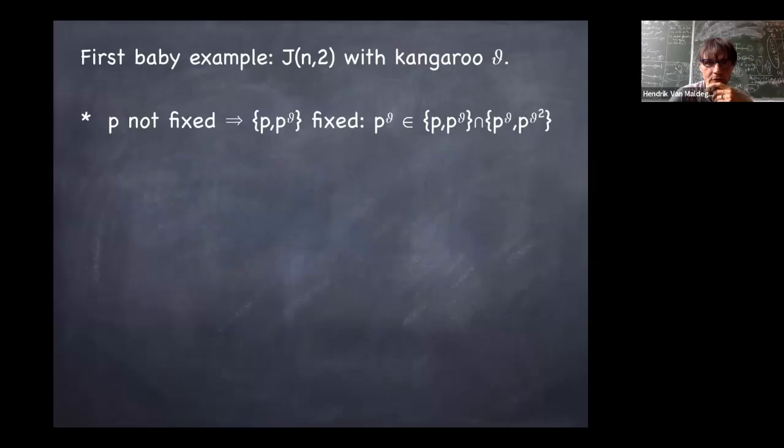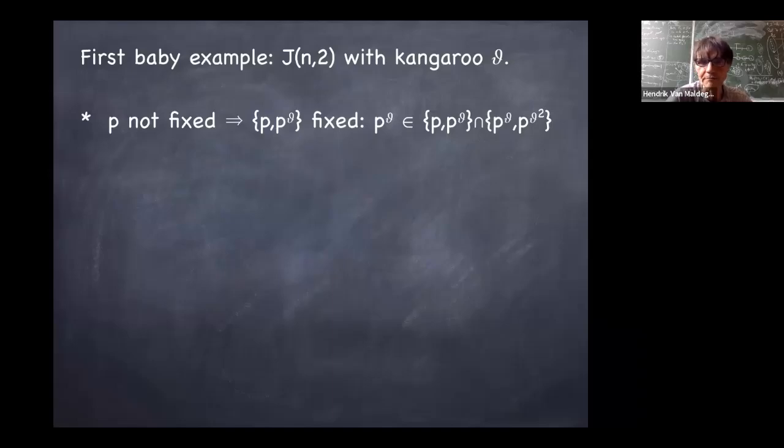So we go back to our Johnson graph, and we assume that theta is a kangaroo. So what does it mean here, a kangaroo? It means that you map pairs to itself or to disjoint ones, right? So if a point P is not fixed, then the pair P theta must be fixed.